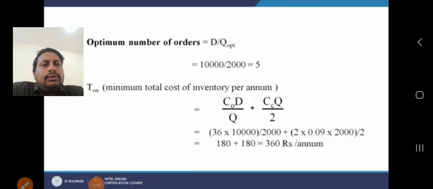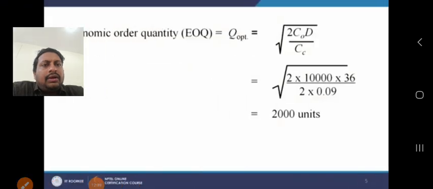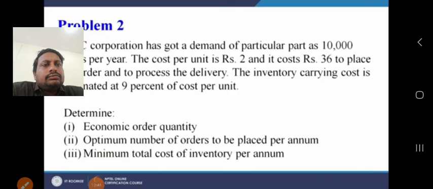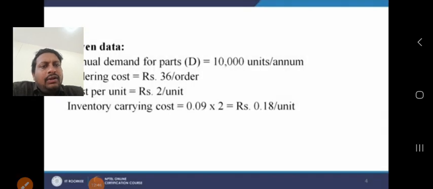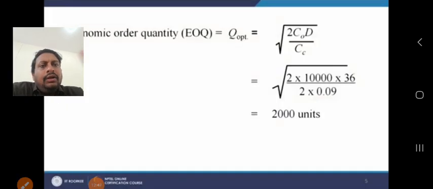So this is about the economic order quantity. If the annual demand, carrying cost and ordering cost are given, we simply solve for the EOQ. The formula is the square root of 2 into ordering cost into annual demand divided by carrying cost.